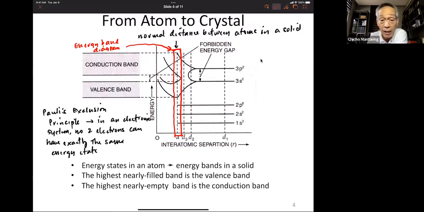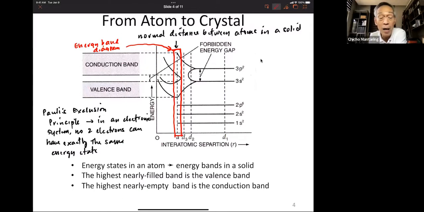In the conduction band, your electrons are free to roam around. They are no longer associated with any particular atom. Whereas in the valence band, your electrons are bound to the atom that they belong to. They are not free to roam around.